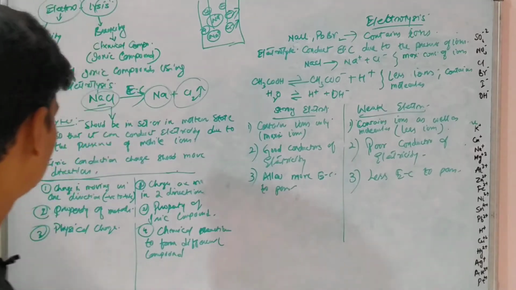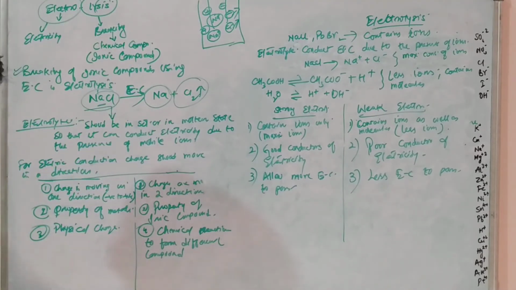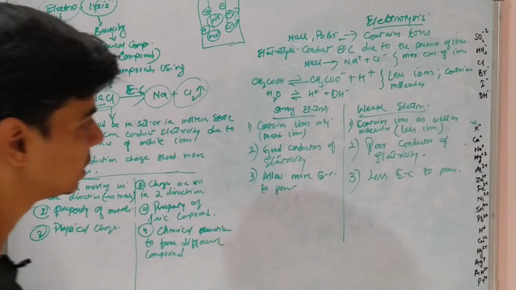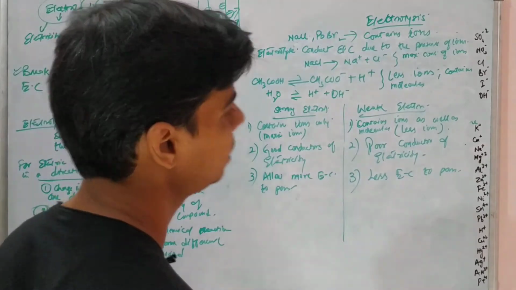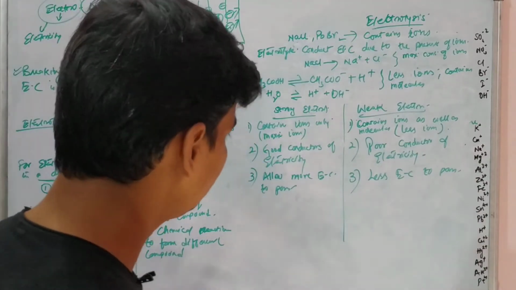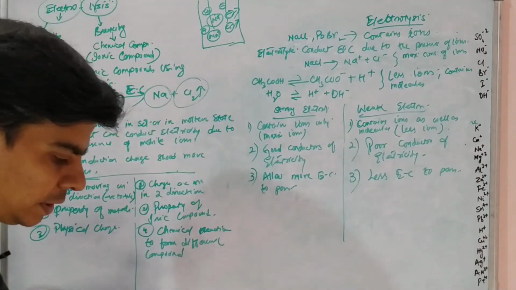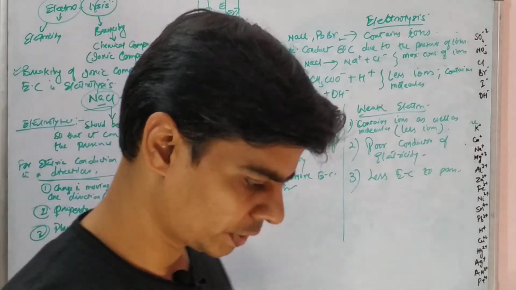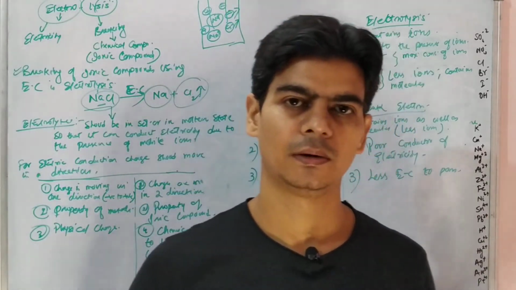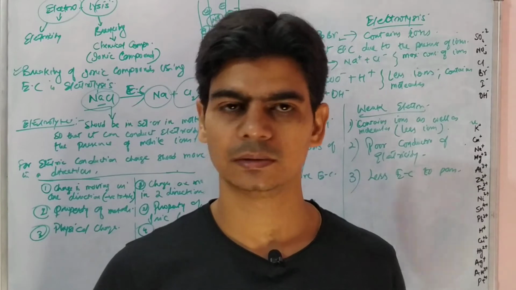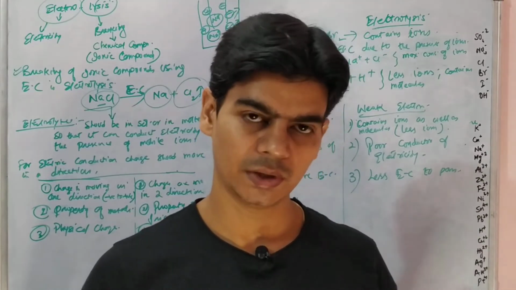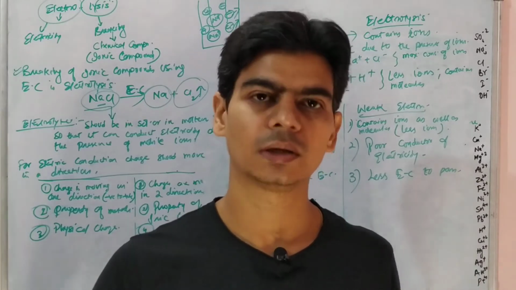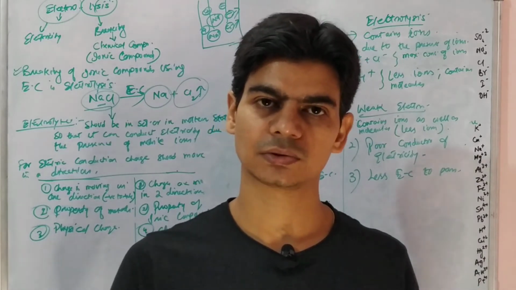So just remember this comparison: electrical conduction through metals and electrolytes, and differences between strong and weak electrolytes. What is an electrolyte? All this is very important, right? Now, like we have conductors, which are good conductors of electricity, we have insulators, which are bad conductors of electricity. Similarly, we have electrolytes, which are good conductors of electricity because of the presence of ions.